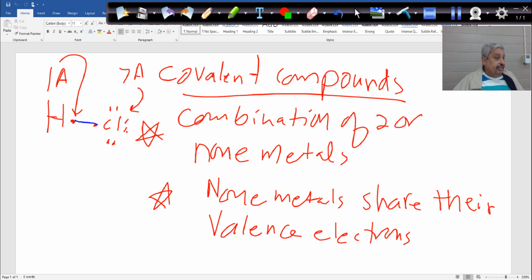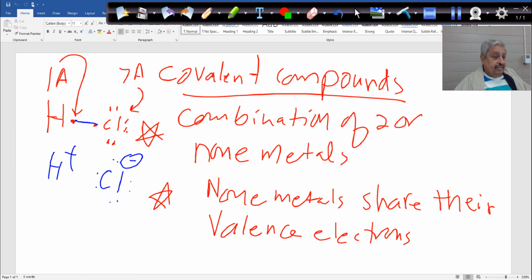They are sharing, these nonmetals. So this is the covalent compound. The covalent compound is a combination of nonmetals, and in this combination, each atom will share its valence electrons. There is no transfer of electrons, so there is no losing, and then an electron coming over like plus and then minus.